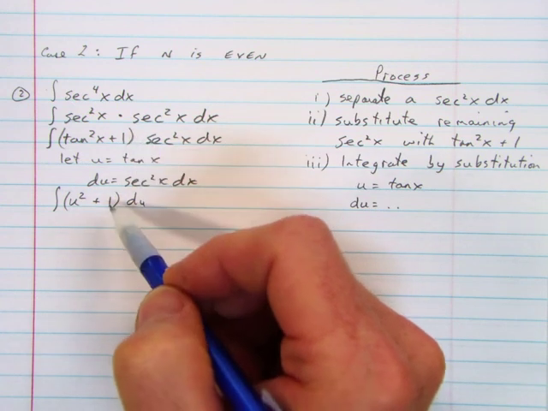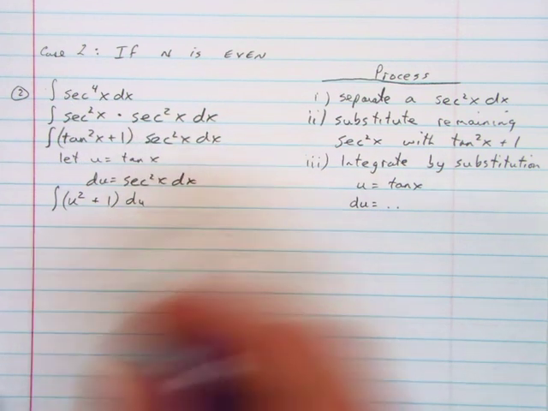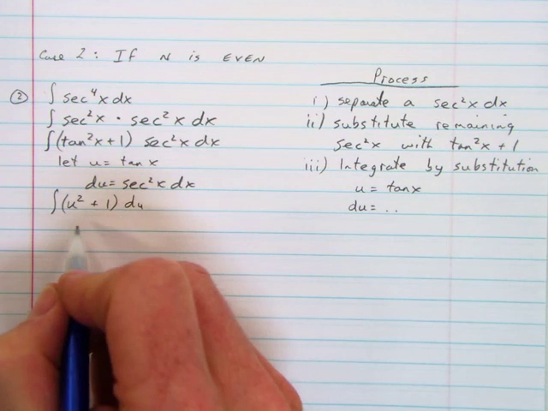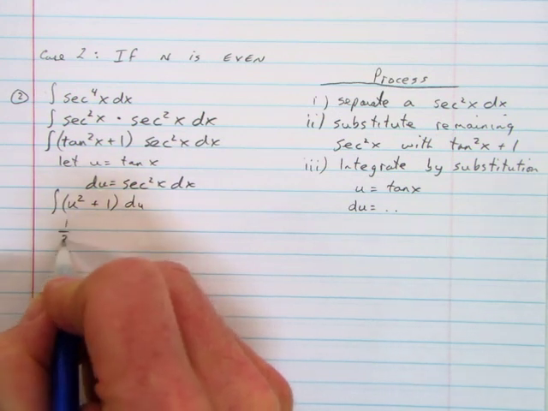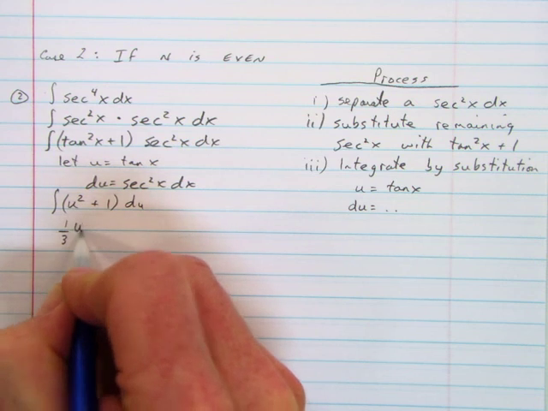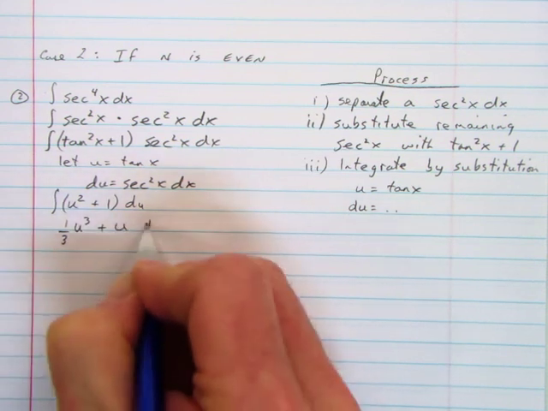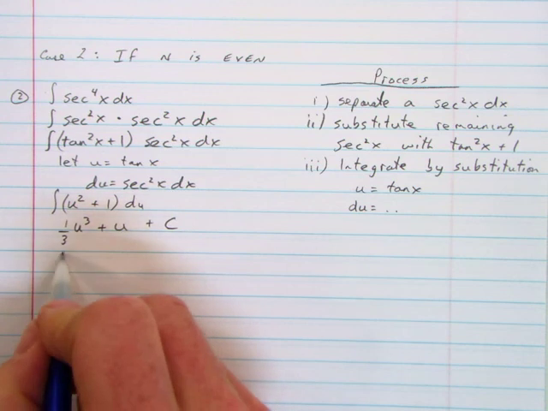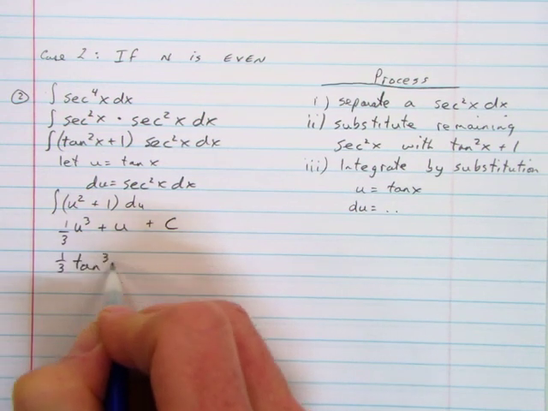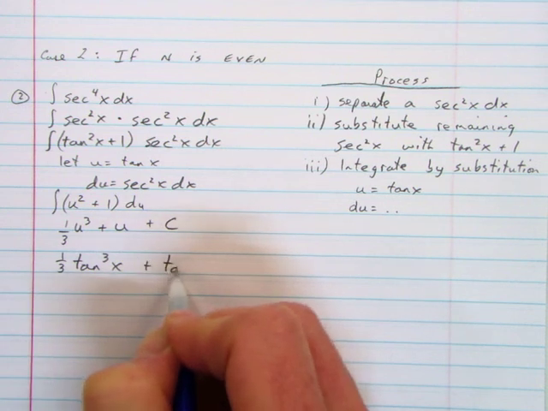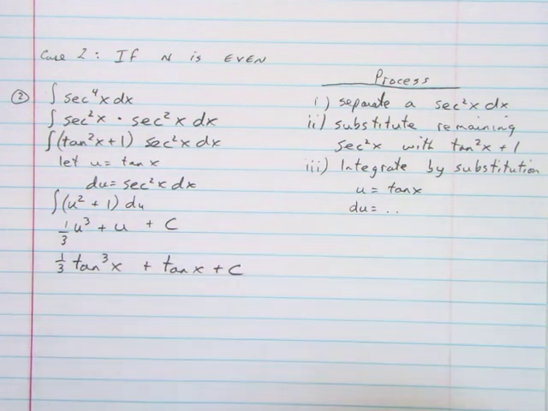If it was cubed, we would cube it out, and then just go ahead and do the integration of the resulting polynomial. So the antiderivative is 1/3 u cubed plus u plus c. Substitute in what u is, so that's tangent cubed x over 3 plus tangent x plus c.